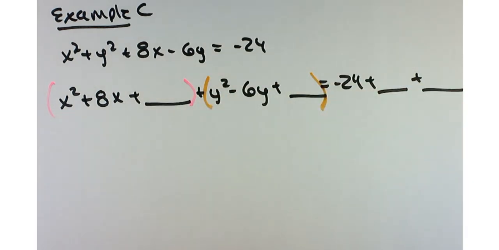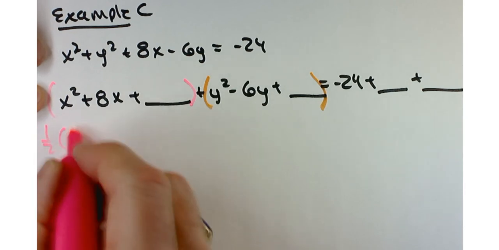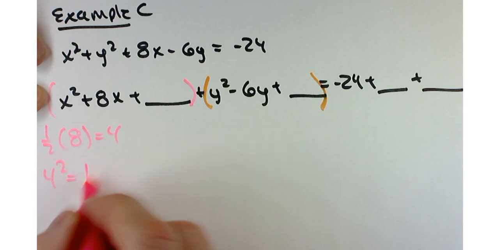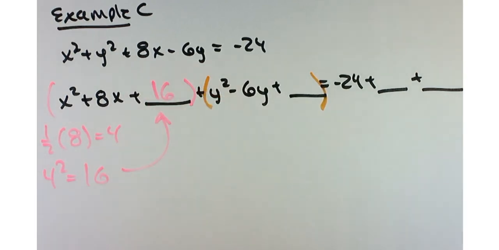Again, if you want to pause the video and try it yourself, great. But to complete the square here, I'm going to take 1/2 of 8 is 4, and 4 squared is 16. So I'm going to add 16 there.